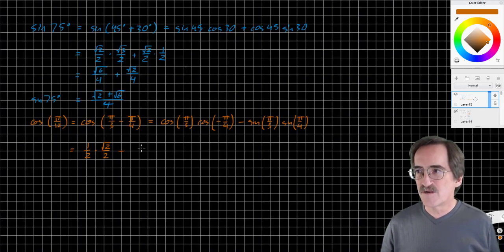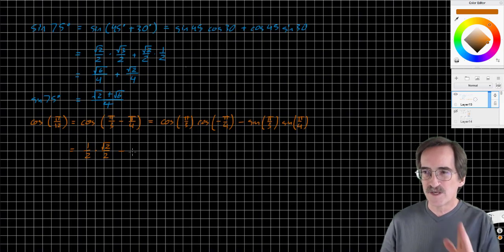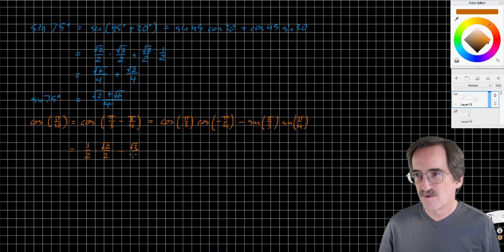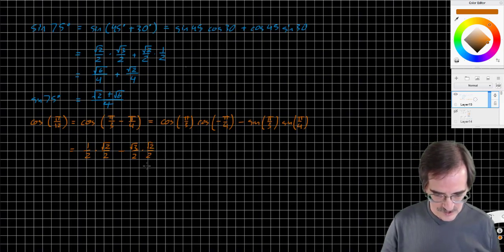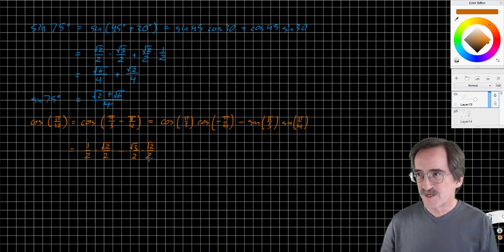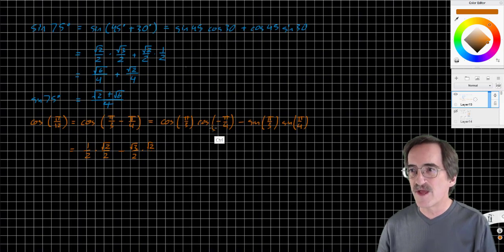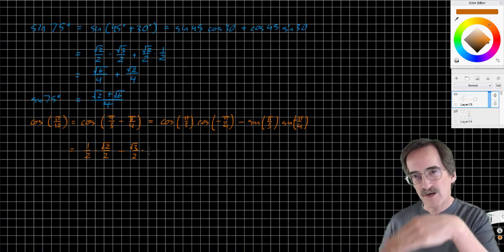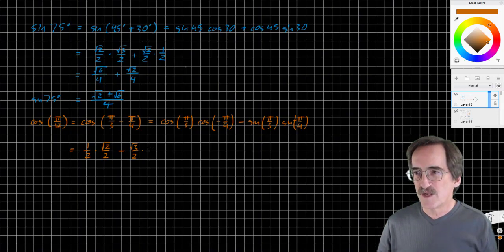Minus sine of pi over 3, sine of 60 degrees, the height, is root 3 over 2. Sine of pi over 4 is root 2 over 2. Almost made a mistake here: sine of negative pi over 4, down in the fourth quadrant, is negative root 2 over 2.